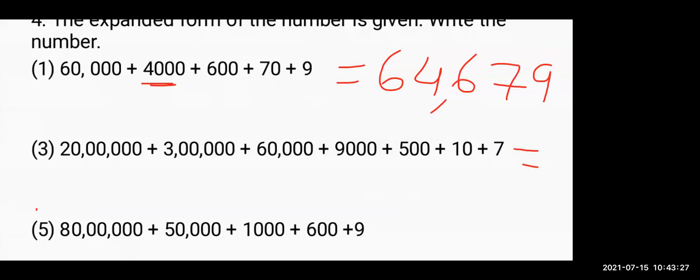Now you are going to tell me the answer. Chalo, give me the answers of the third question in the chat box. I'm waiting for your answer. Yes, very good. Students are giving me the answer.